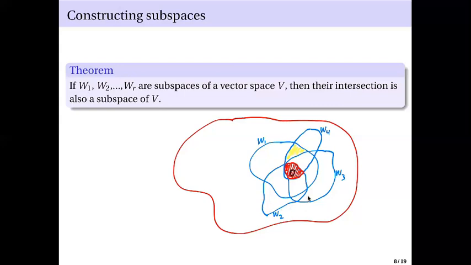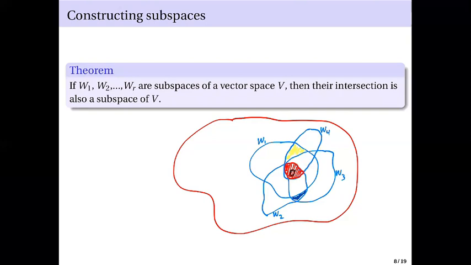Similarly, you can get other collections. For example, maybe just one more example. This part here is inside W2 and also inside W3, but outside W1 and W4.